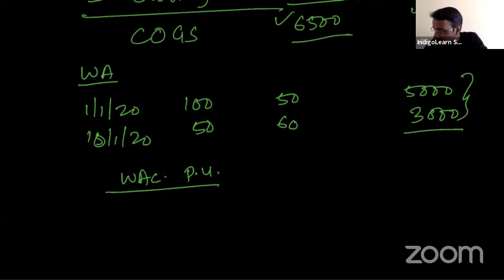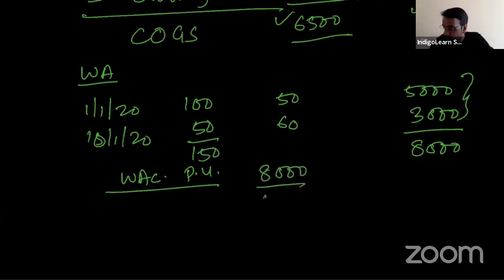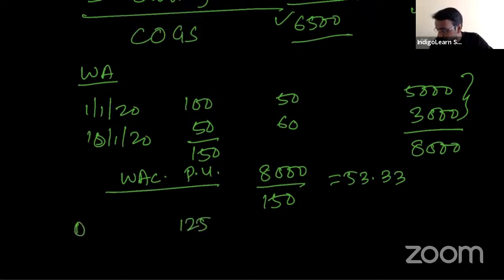5,000 plus 3,000, 8,000; 100 plus 50, 150. So weighted average is 8,000 divided by 150, which comes to 53.33. Now, when you issue the goods, let's say you issued 125 units.